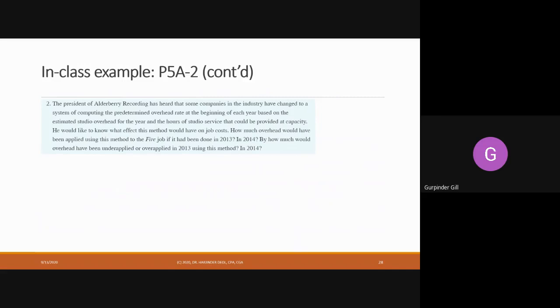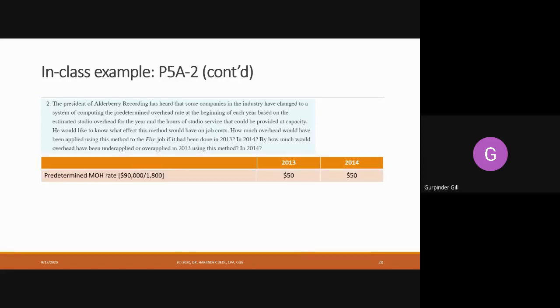He would like to know what effect this would have on job cost, how much overhead would have been applied using this method to the fire job if it had been done in 2013 or 2014, and by how much overhead would have been underapplied or overapplied in either or both of those years.